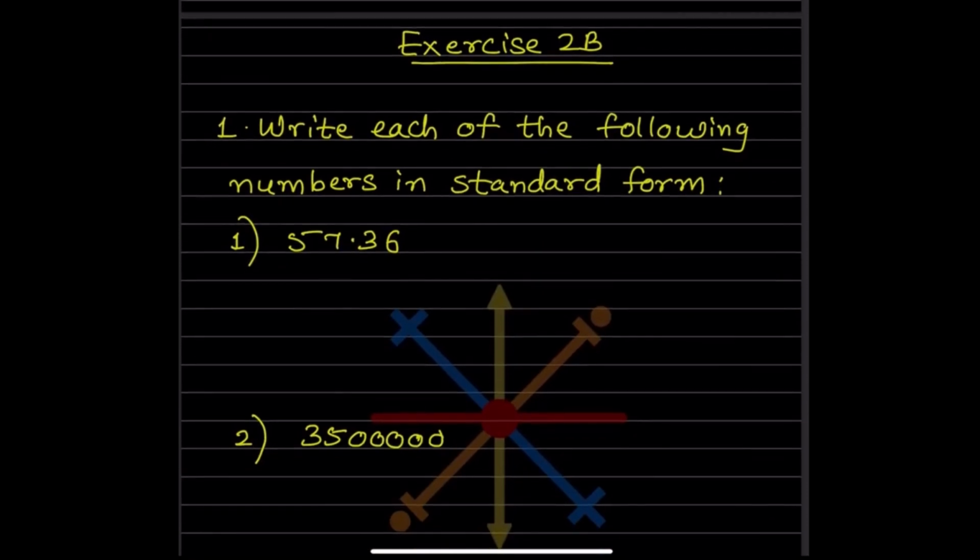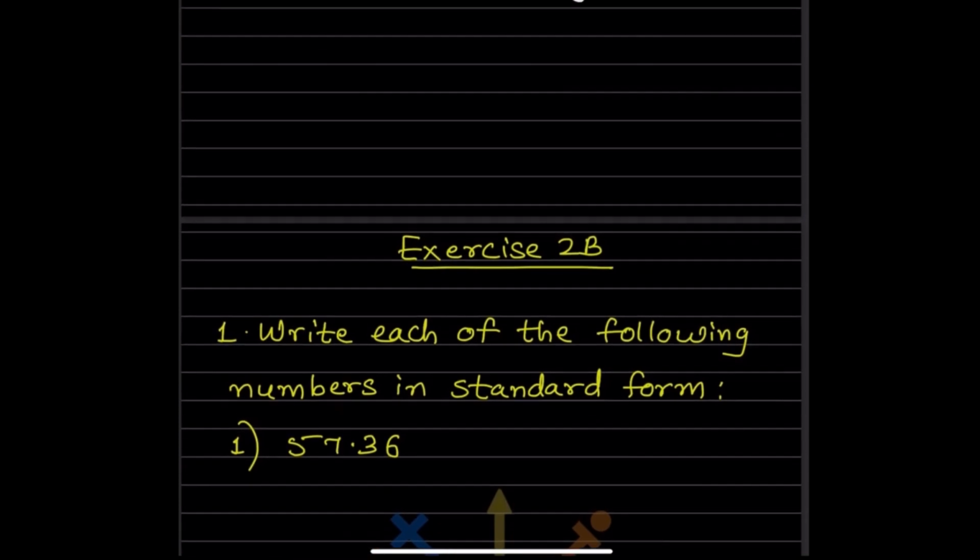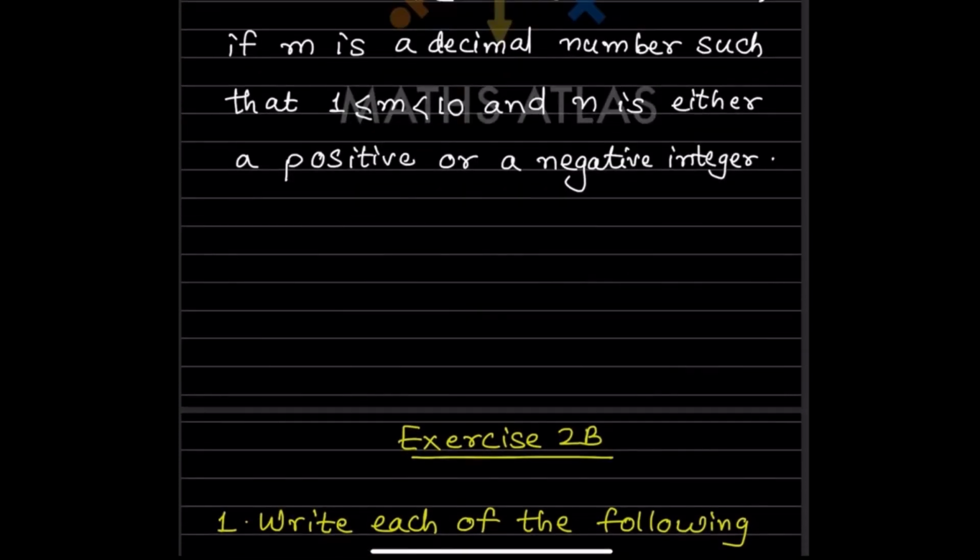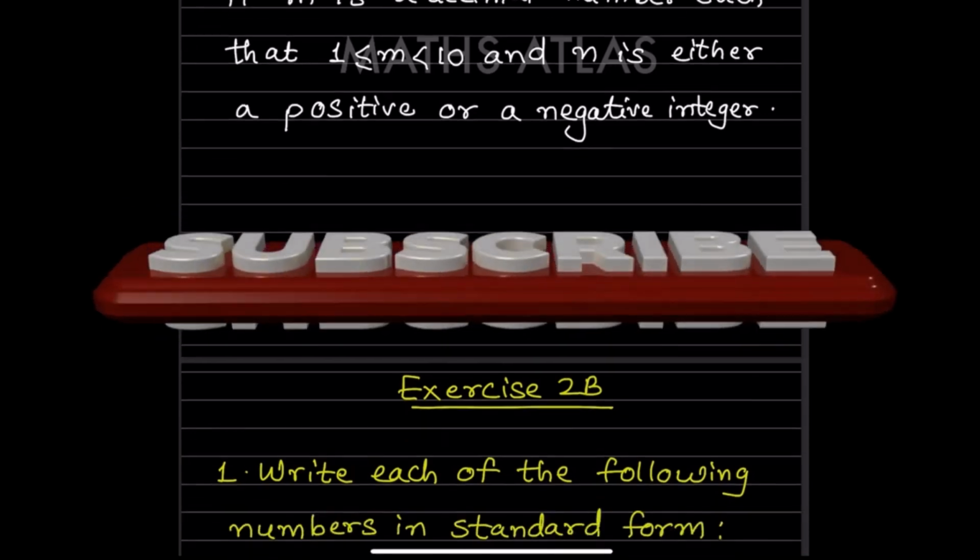So now let us take the examples. The exercise here is 2b. We have to write these in the standard form. So now 57.36. We want it to be m into 10 raised to n, where m is greater than or equal to 1 and less than 10.